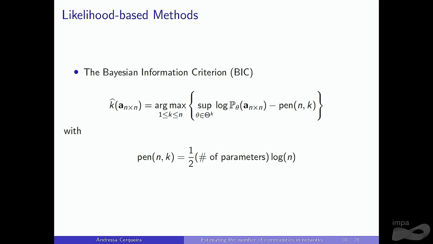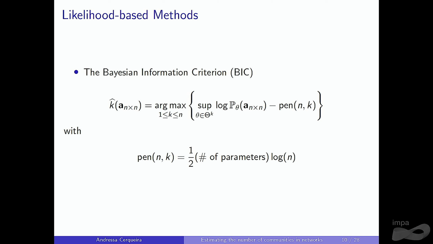So it's well known in statistics, the Bayesian information criterion, that we use in very different areas, for example, also for regression, or if you're fitting some data. And the BIC criterion tells us that the penalty function should be in the form of 1/2 times the number of parameters of the model times the log of the sample size.